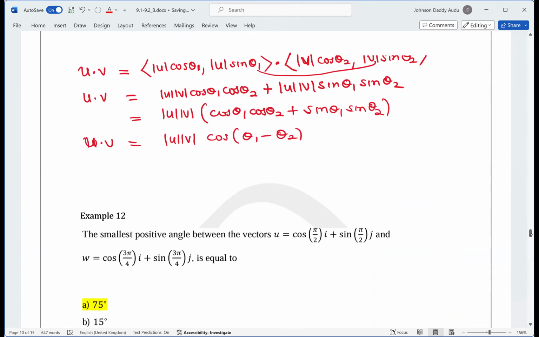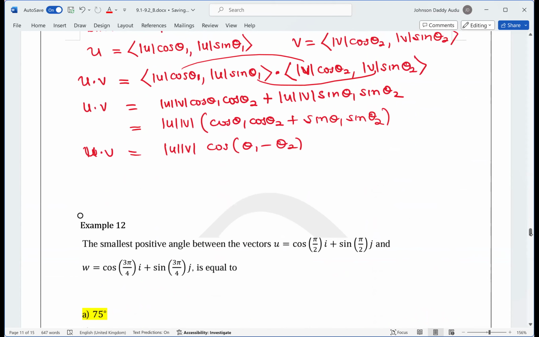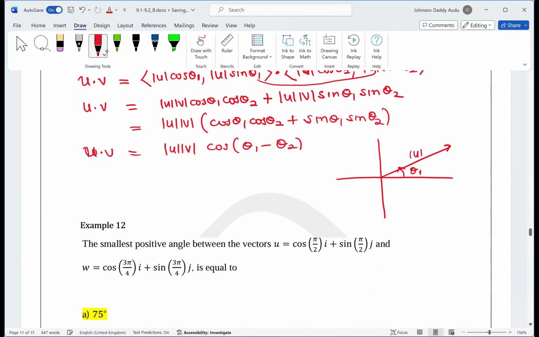So let me say, for example, if this is vector u, remember, this is going to be u. So this is the magnitude of u itself. And this is going to be theta 1, right? Because this is the direction. Remember, the direction always comes from where? It comes from the positive x-axis.